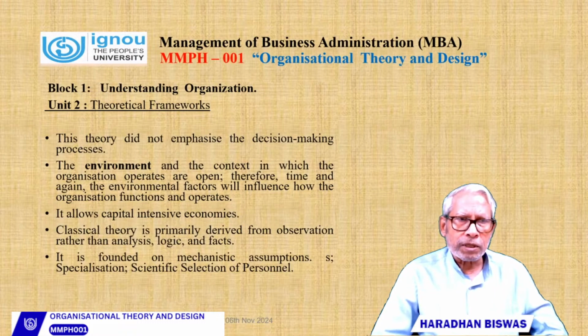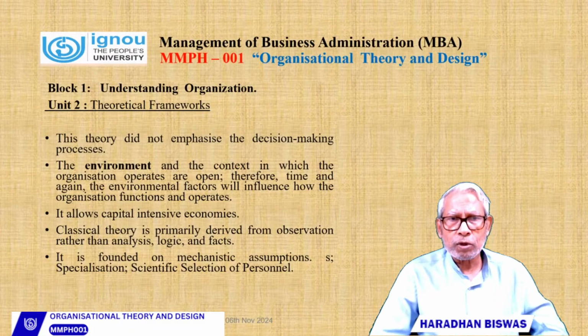Therefore, time and again the environmental factors will influence how the organization functions and operates. Time is one of the influences, and the environment is also one of the factors, so we have to consider the environment as part of the decision-making process.